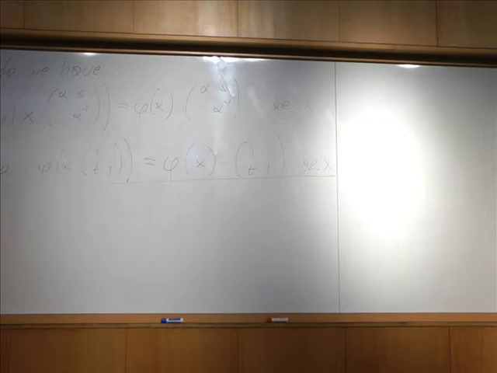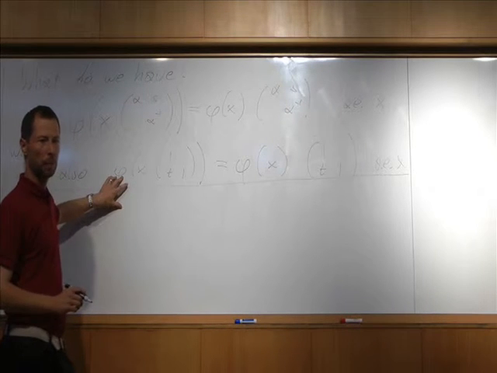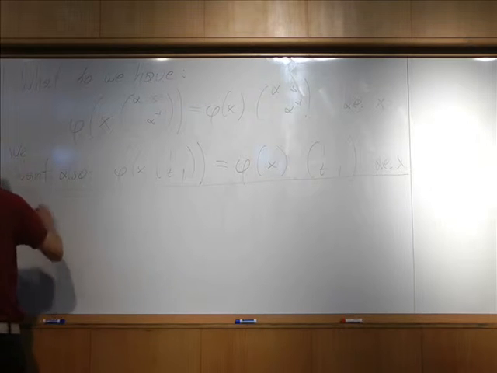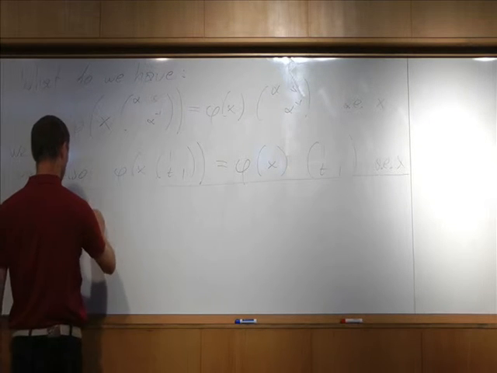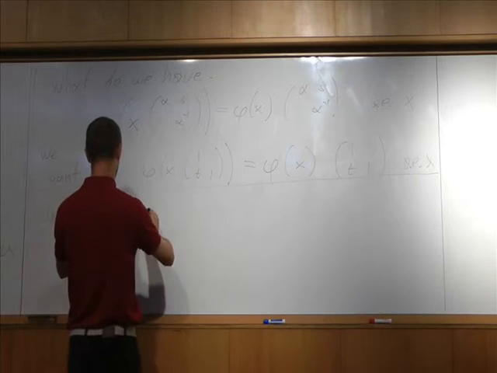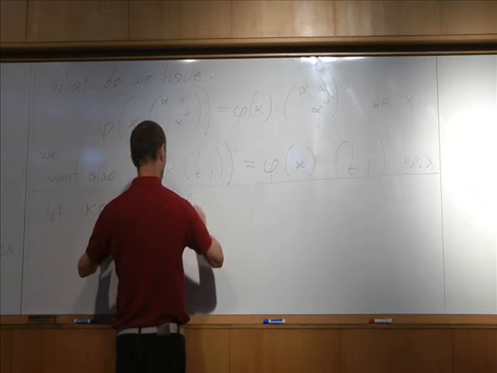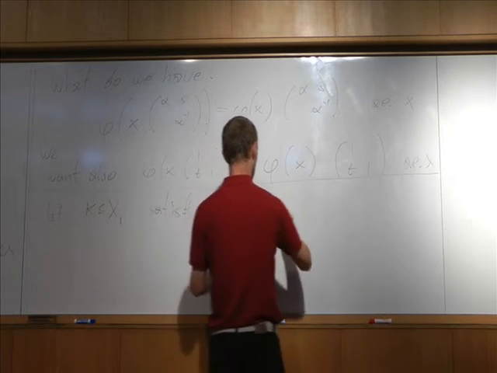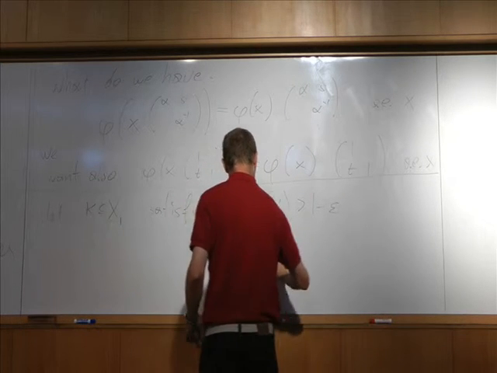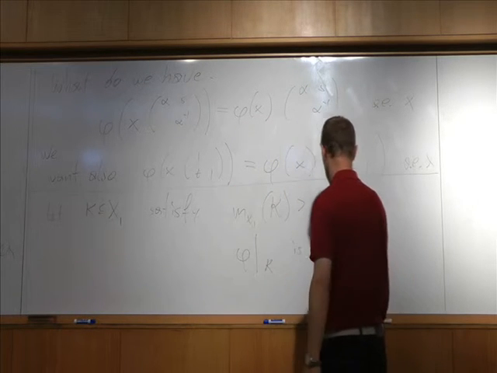What's next? Well, we will apply almost continuity of the vector map. So we take a compact set K subset of X1, that's my first quotient where phi is defined, satisfying m_X1 of K bigger than 1 minus epsilon, and phi restricted to K is uniformly continuous, of course, because I've also chosen it compact.